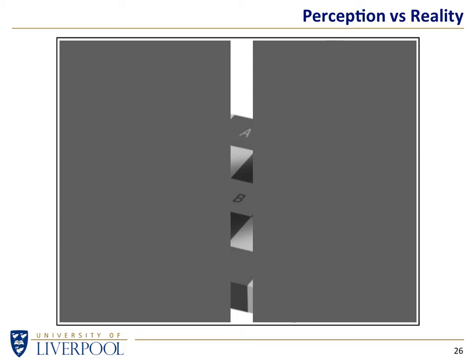You can see that A is actually exactly the same gray as the gray to the left or the right, and B is exactly the same gray as to the left and the right. There is no difference between that gray and that gray. A and B are on squares that are exactly the same shade of gray. It's not just roughly the same. I've checked it. They are exactly the same shade of gray.